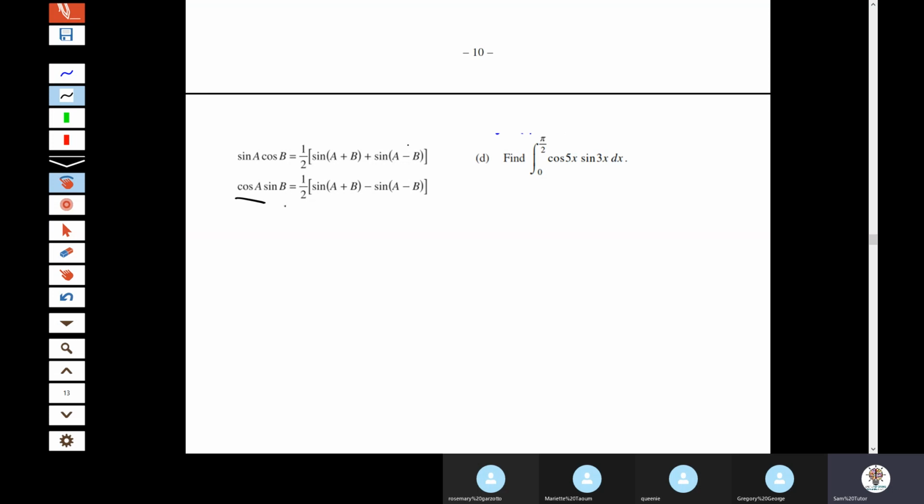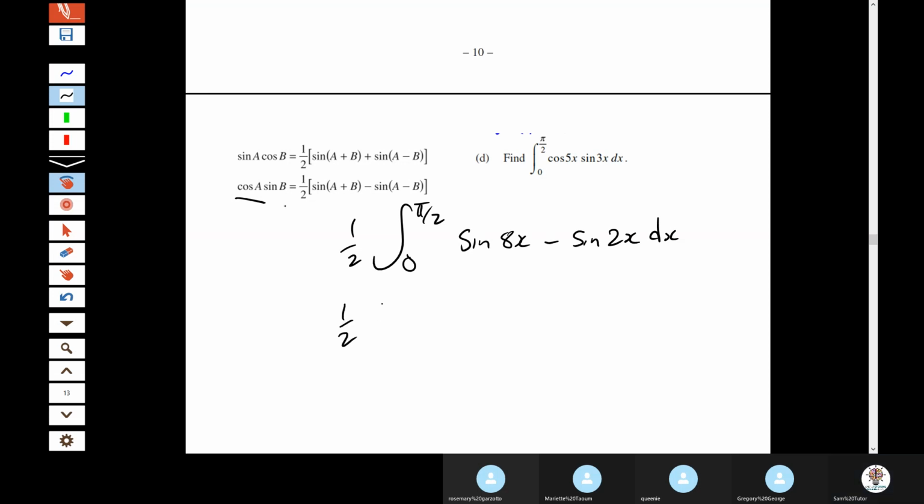I was trying to go for the plus case, but it didn't work out for me. It wouldn't make a difference, but it doesn't matter. All right, 0 to pi over 2. Cos is half, put that on the outside. Sine 5 plus 3 is 8x minus sine 2x.